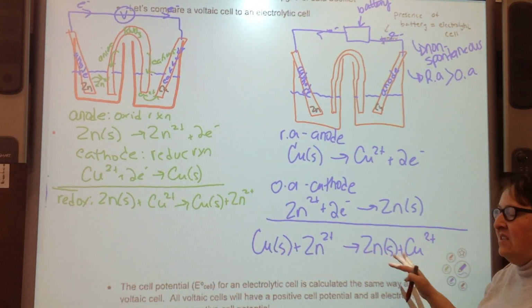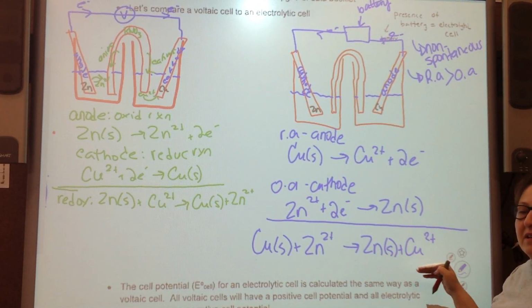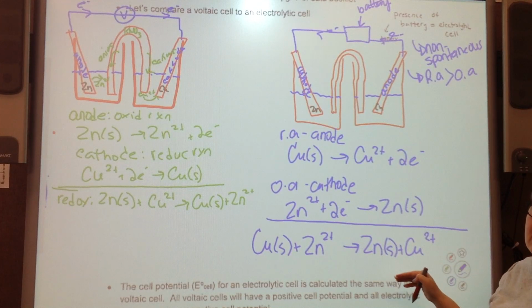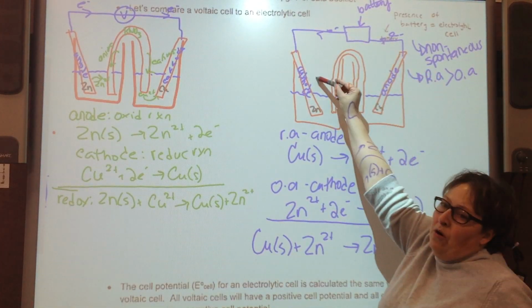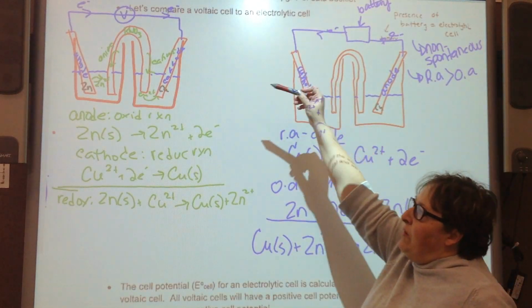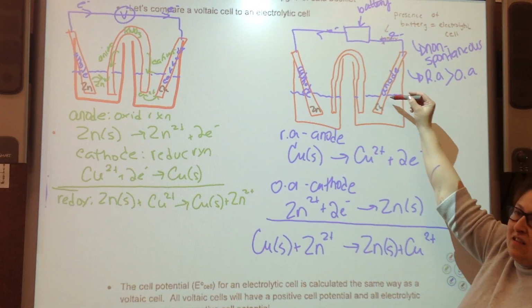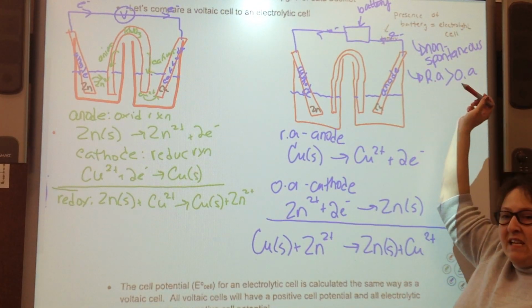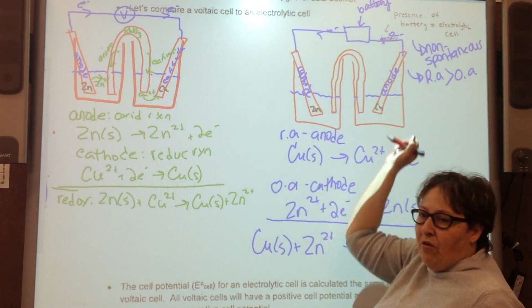But we want it to do this. We want the copper to break down and we want the zinc to build up. So we have to force it to do it that way. So the electrons are still flowing anode to cathode, but here we looked at the anode as the zinc, and now the anode is the copper. We're forcing it to go this way when naturally it wants to go the other way.